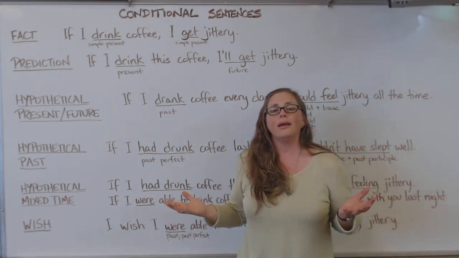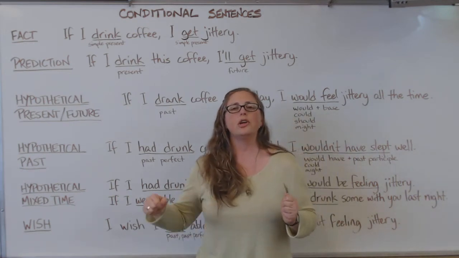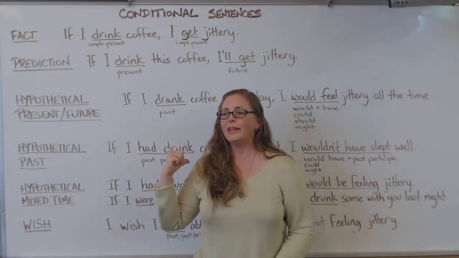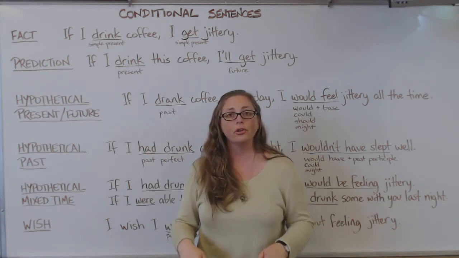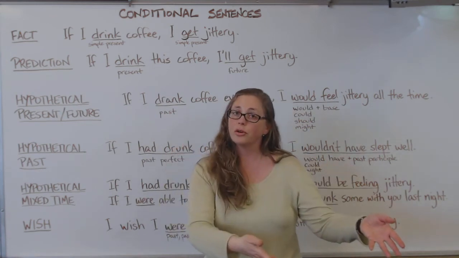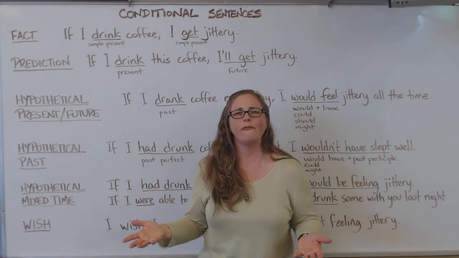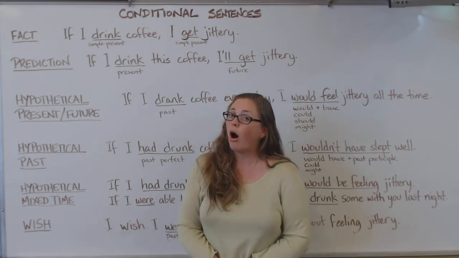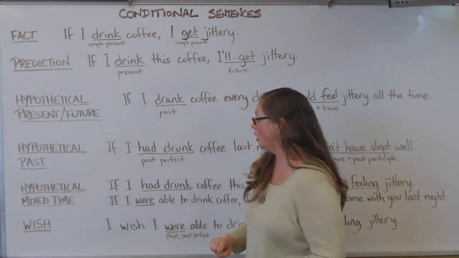How can that be? Well, think about it. It's very possible to have a condition in the past with a present result, or a condition in the past with a future result, right? Many situations like that in life. So this is quite a common mixed time conditional.